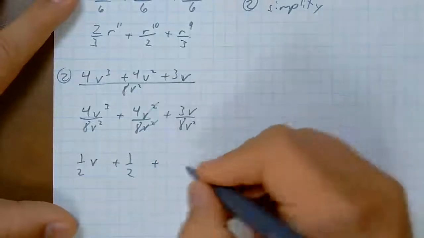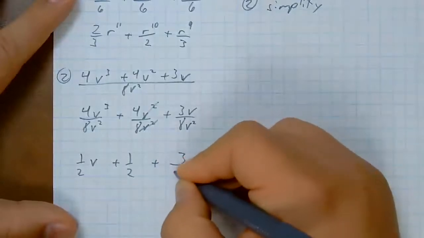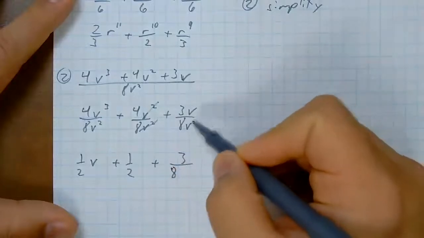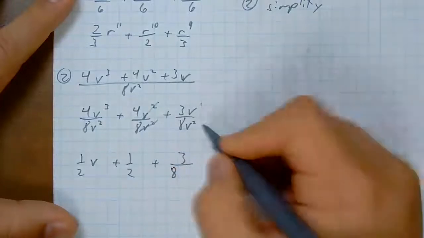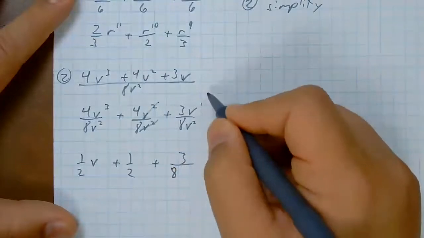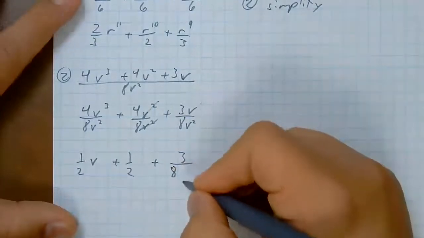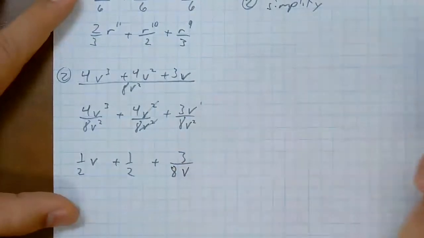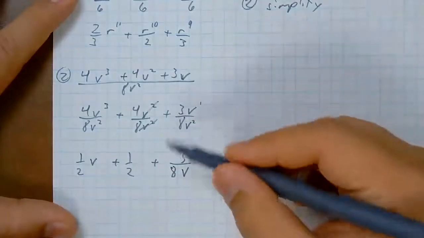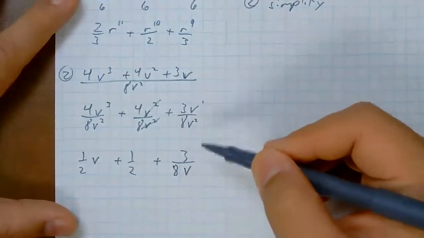Plus, now 3 over 8 does not reduce, so we're going to keep that. We write in 3 over 8v, and in this case we have a larger exponent in the denominator, so this is going to be 2 minus 1 from the bottom. So this is 3 over 8v. It's really critical to remember our quotient rule here.